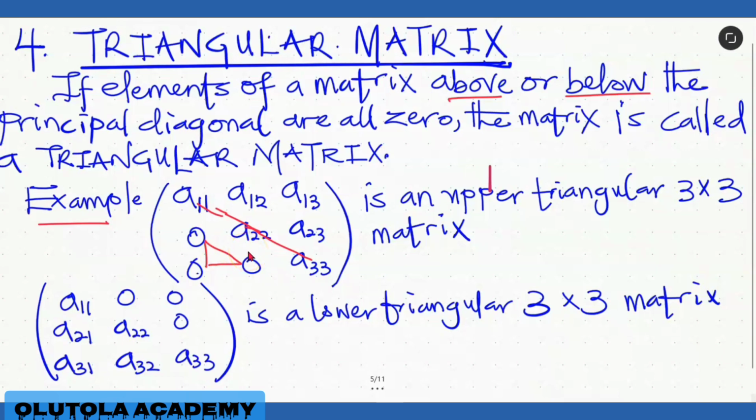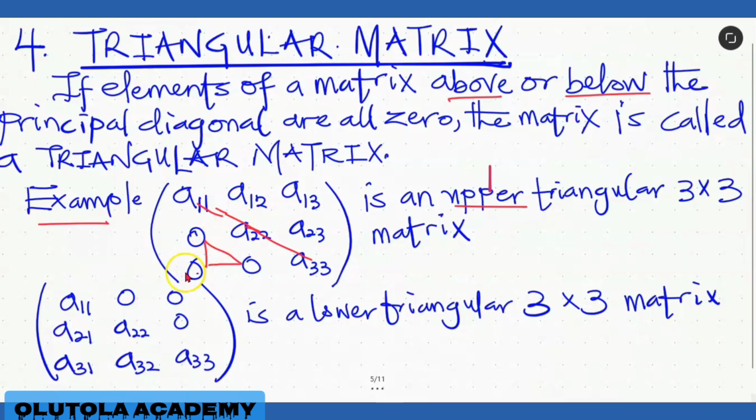So the focus is on the principal diagonal, above or below it. If the elements are 0, then we can call it a triangular matrix. This first example is an upper triangular matrix, because the elements below the diagonal are all 0.